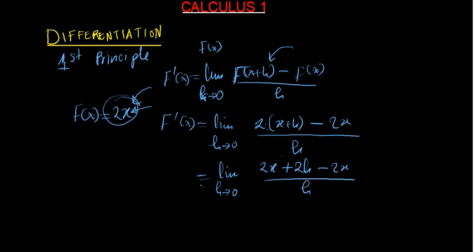So we've got 2x and negative 2x, those are going to cancel. So what we remain with is the limit as h approaches 0 of 2h over h. At this point we simply divide h and h.